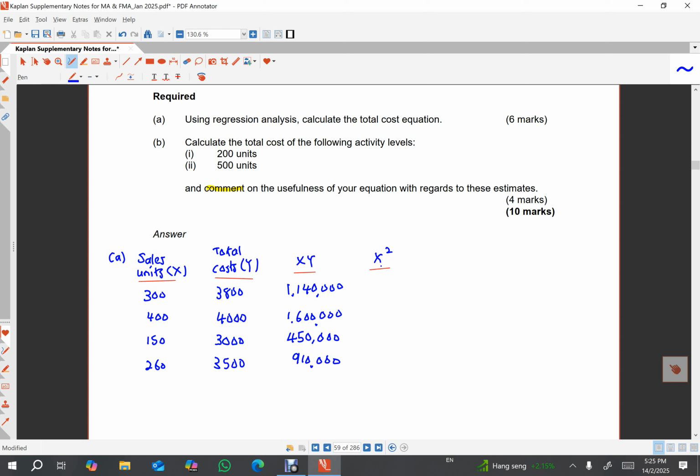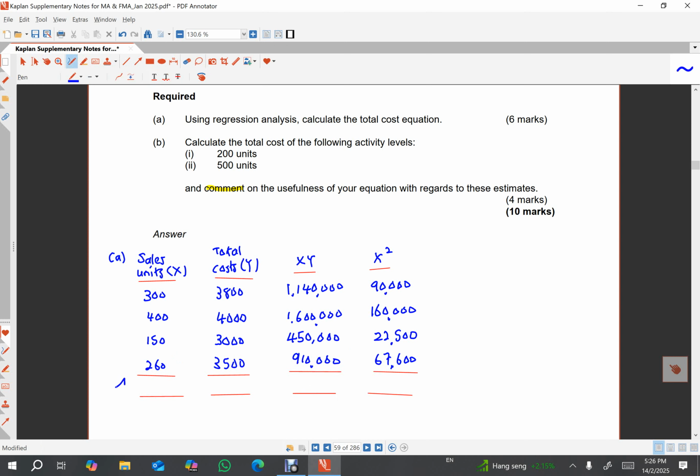Then X to the power of 2. So 300 to the power of 2 is 90,000. Then 400 to the power of 2, 150 to the power of 2, and 260 to the power of 2. Now we just add up each column.